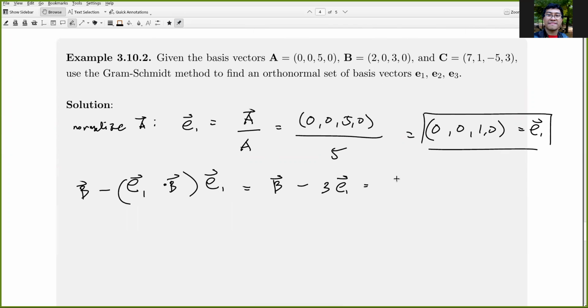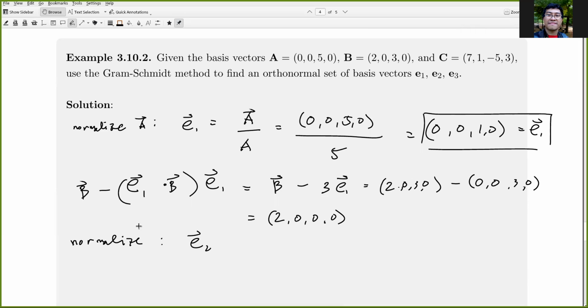B is 2030 minus, so this is 0030. That gives you 2000. So we normalize to get E2.